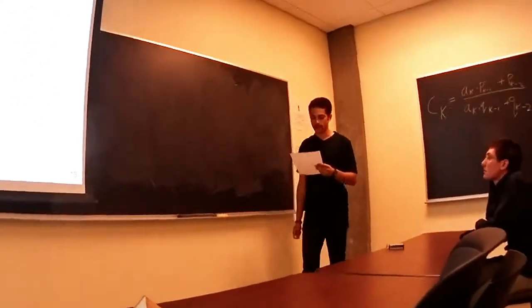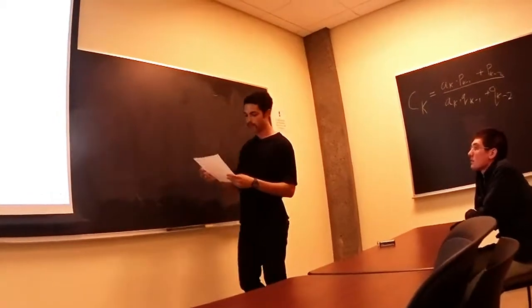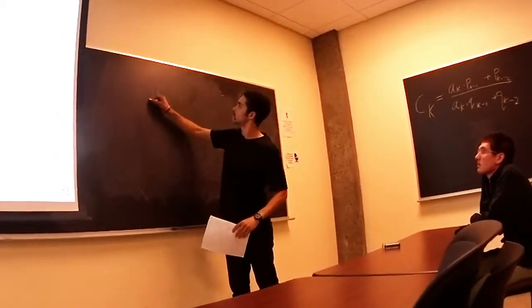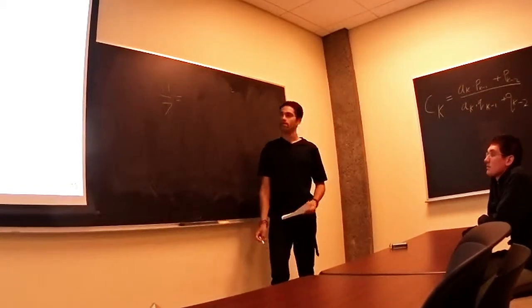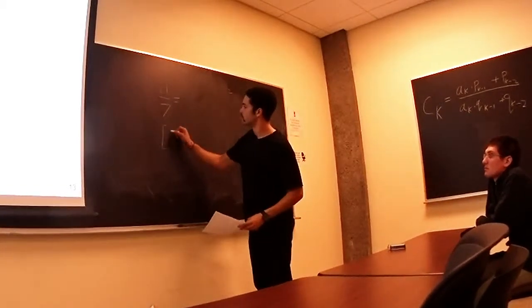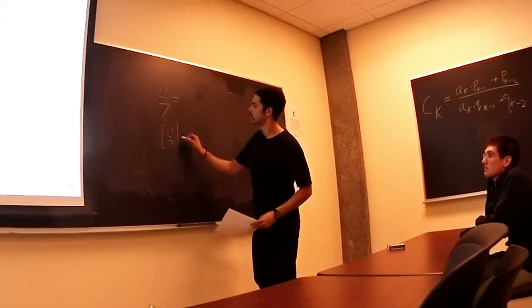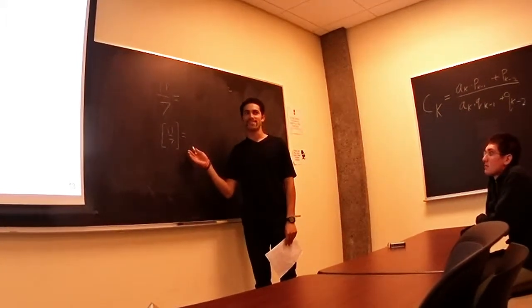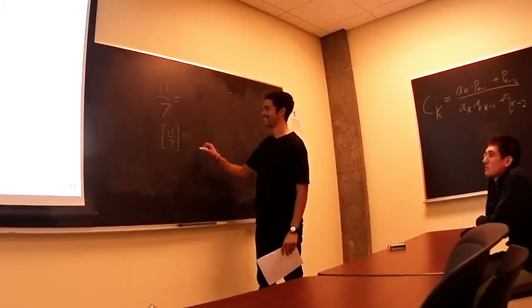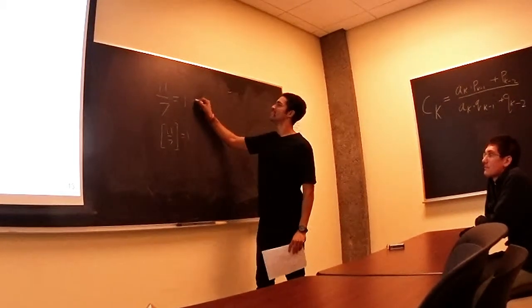All right, cool. Let's build up a continued fraction of 11 sevenths, just for fun. We start by finding the greatest integer of 11 sevenths. Anyone want to take a guess what this is? 1? Great, you guys are listening. All right, wonderful, 1.